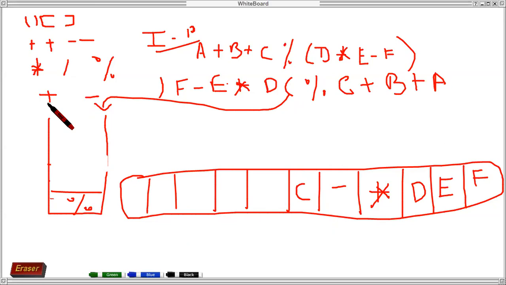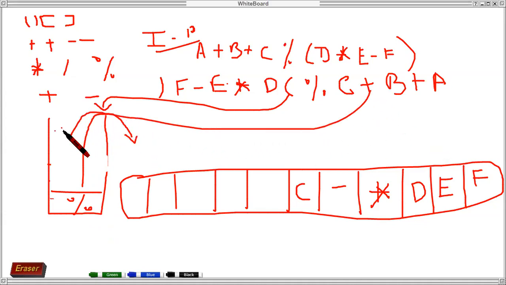Plus is lower priority and modulus is higher priority, so you cannot place plus on top of the modulus symbol. The modulus will pop out first, and only then the plus symbol will come inside. Now your stack is empty again, so the plus symbol will come in.